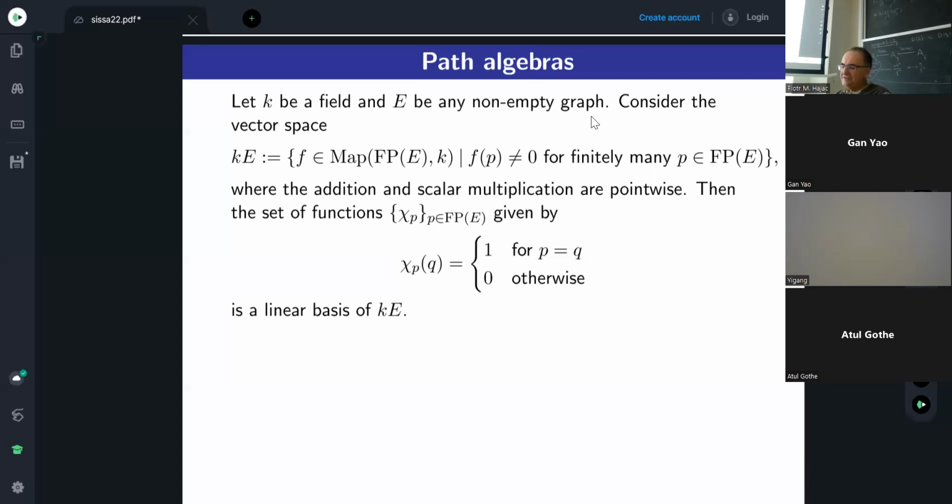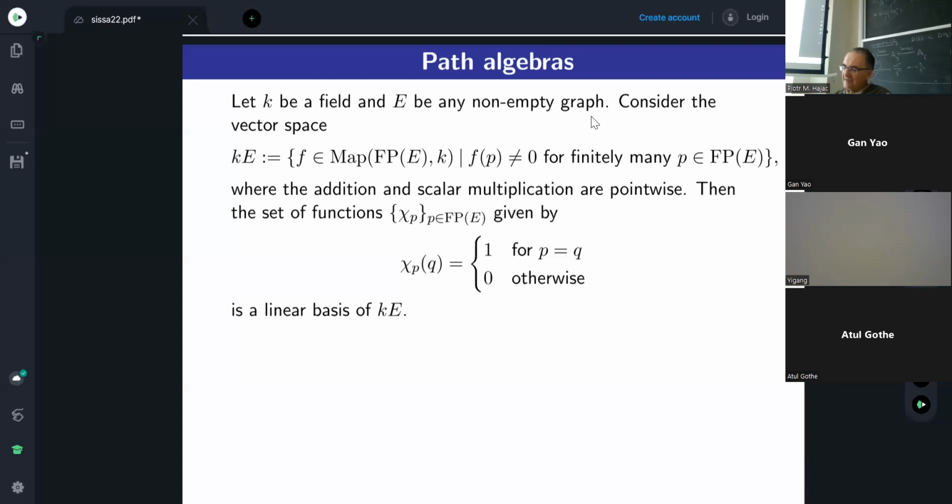Here the addition and the scalar multiplication are pointwise. These are functions, and functions you can add and multiply by a scalar. And this gives you the structure of a vector space. Moreover, it is completely obvious that if I take a kind of characteristic function of a point, this gives me a linear basis. So a function chi_p, an element of K_E, where p is a path, has value on a path q equal to 1 if p is equal to q, 0 otherwise.